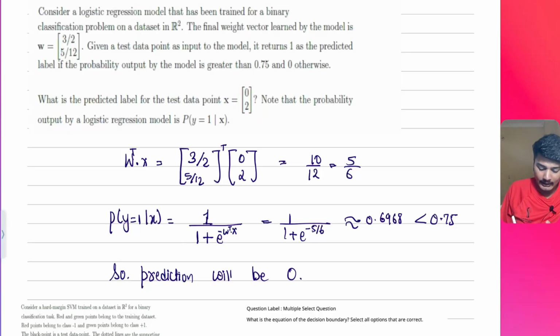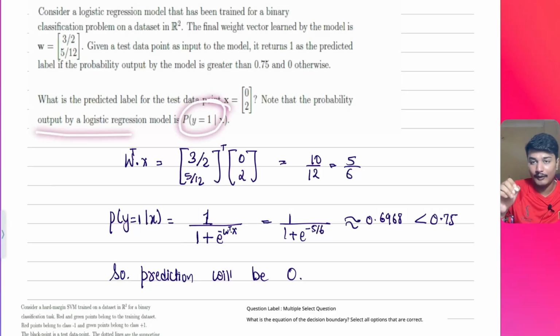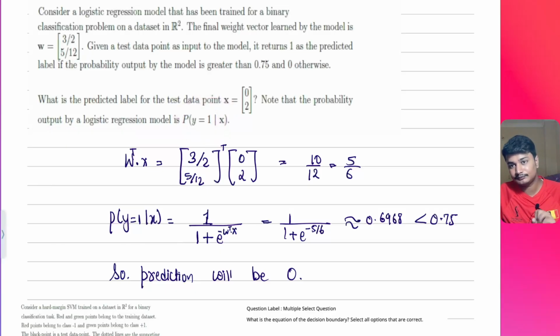Note that the probability given by logistic regression is basically P of y equals 1 given x. So first we have to find W transpose x here. W transpose x is what we got at this step. As this is logistic regression, for prediction we use the sigmoid of W transpose x, so that's why I found W transpose x first.